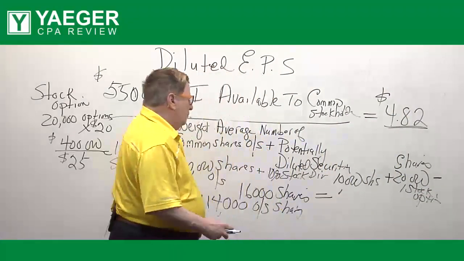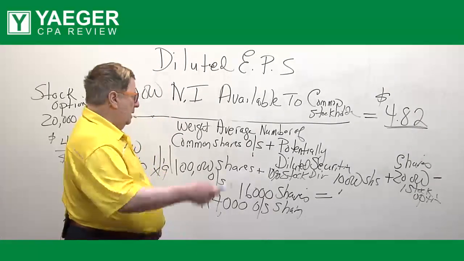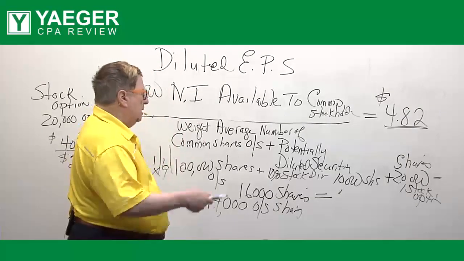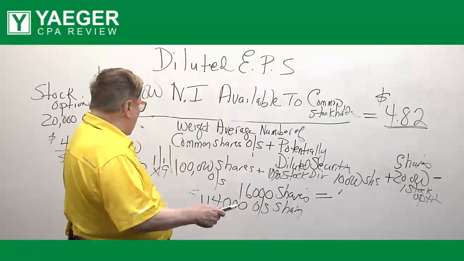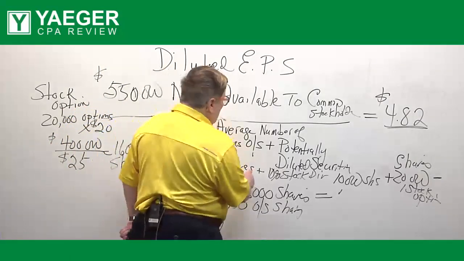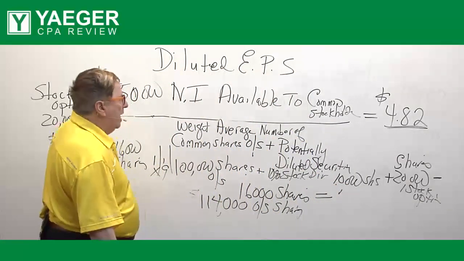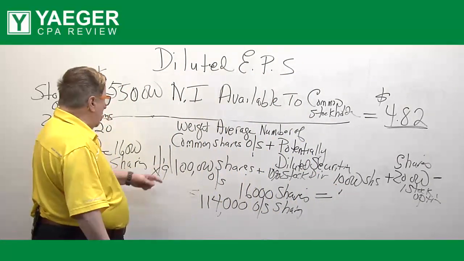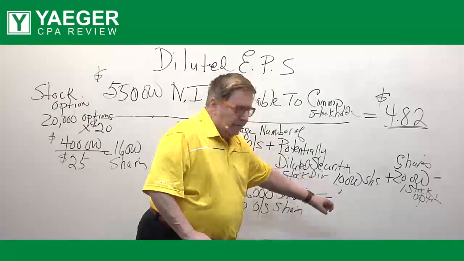And then, don't forget, there was a 10% stock dividend. Now remember, you must assume that the stock dividend occurred on the first day of January 1st, 20x9. So the 100,000 shares will get a 10% stock dividend. That 10,000 is assumed to be outstanding on 1/1/x9, so that 10,000 is fully weighted.